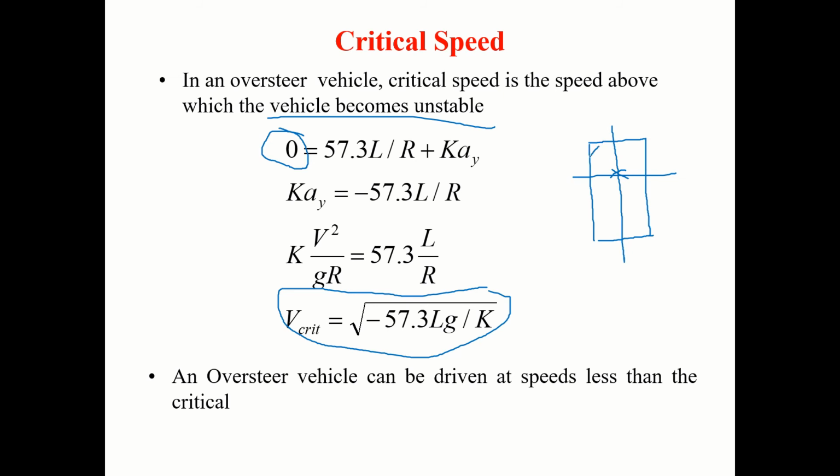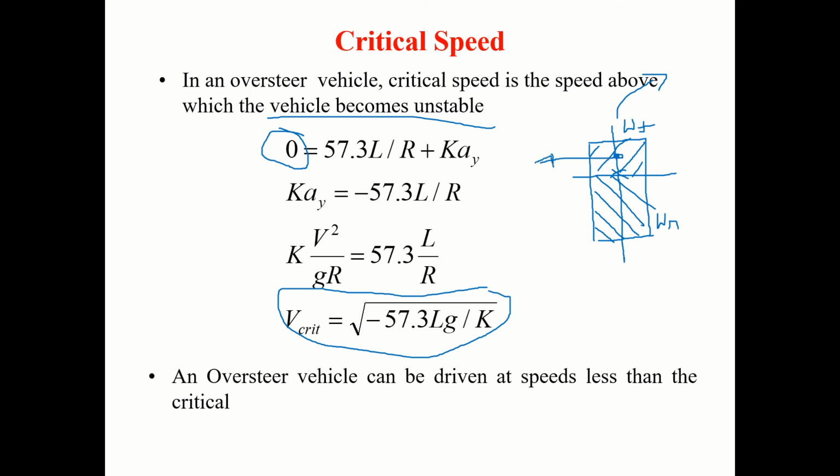Let us say this portion we call it as WF, and this portion, let us call it as WR. Now, there is centrifugal force if it is taking turn here.